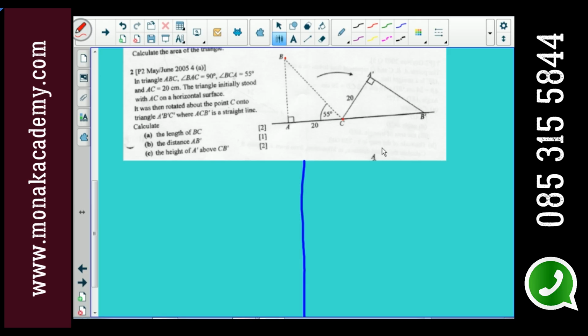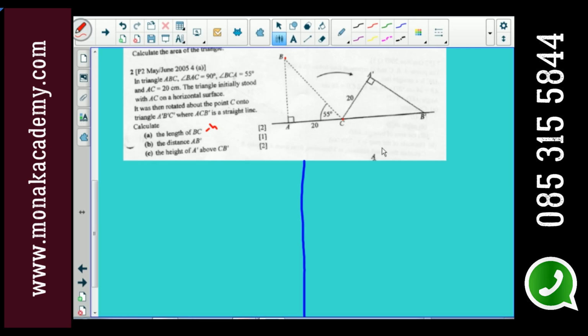Hypotenuse. BC is the hypotenuse. All right, very good. And the given side, AC, is it the opposite or the adjacent? Adjacent. So we have adjacent, and we want hypotenuse.